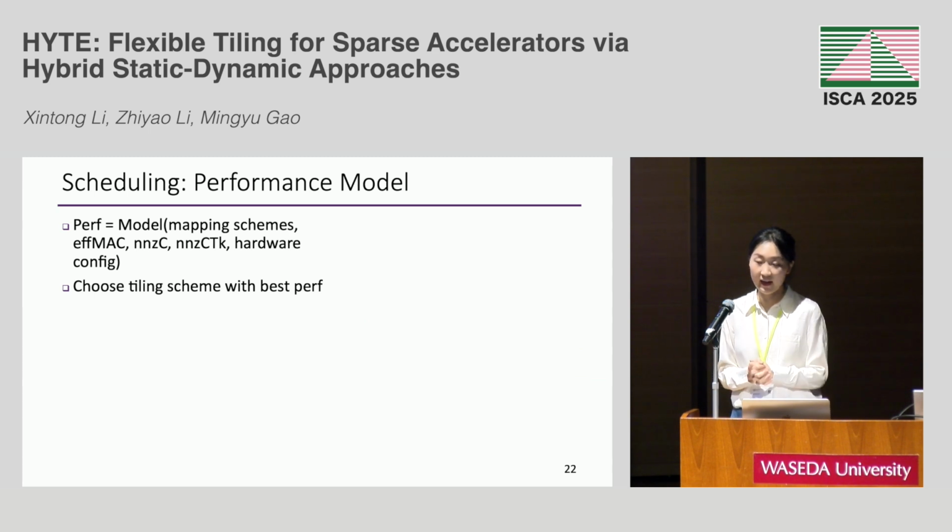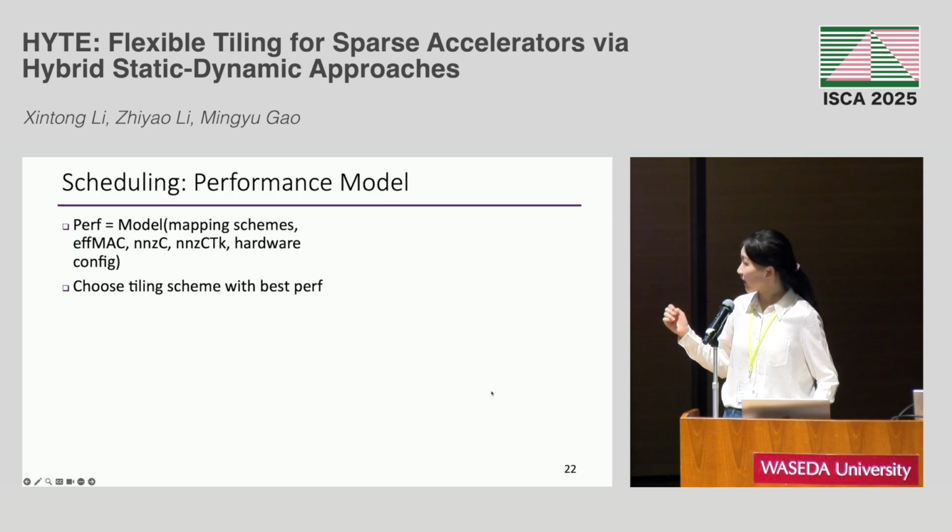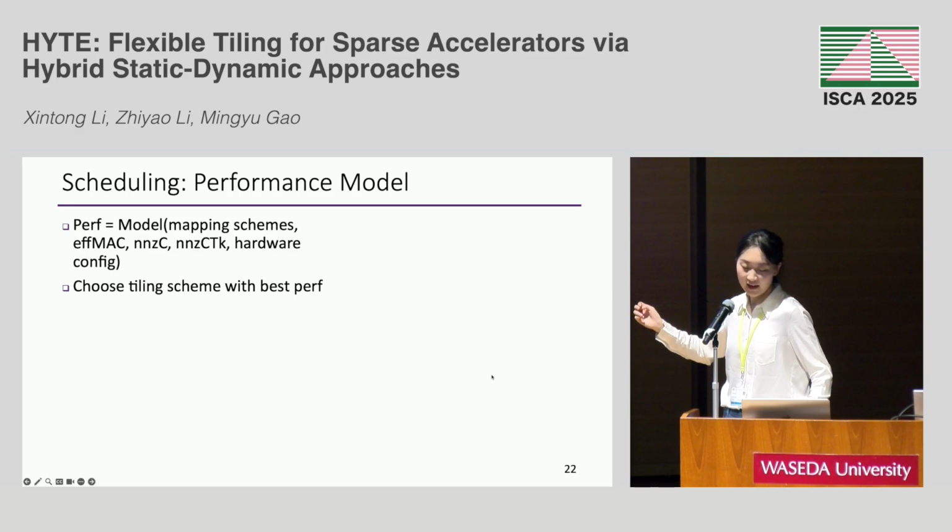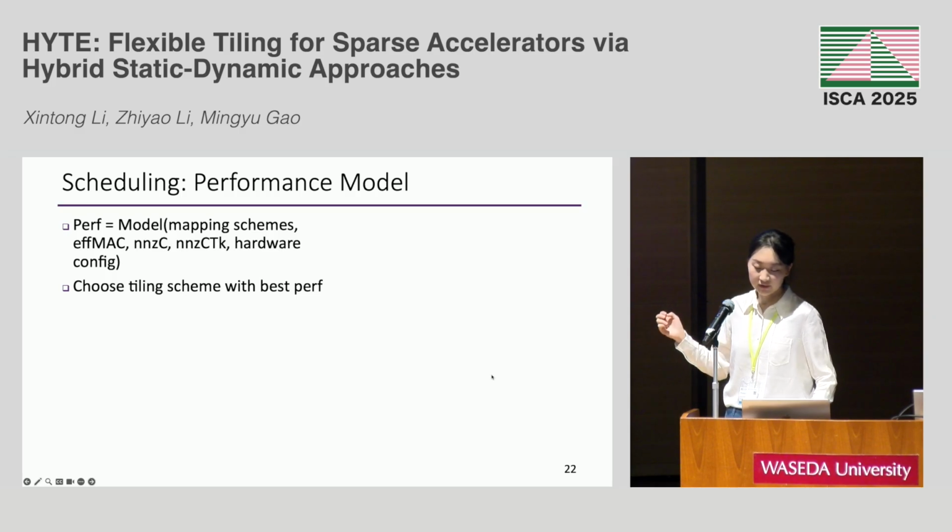Once we have the estimated parameters, we search the design space for the candidate strategies. A constant time cost model estimates each candidate's performance using its mapping scheme, estimated parameters, and hardware configurations to select the optimal strategy.